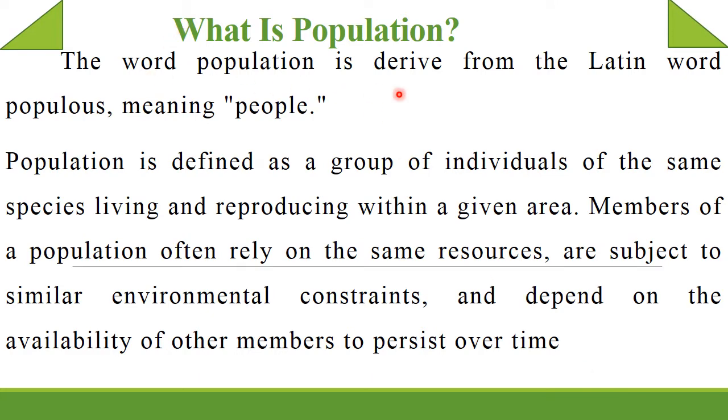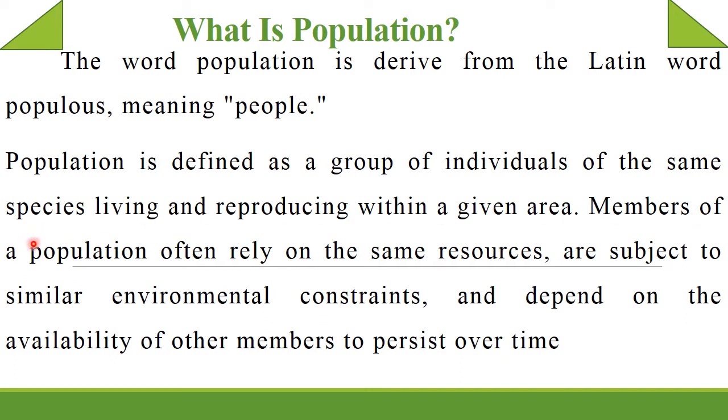The word population is derived from the Latin word populus, meaning people. Population is defined as a group of individuals of the same species living and reproducing within a given area.